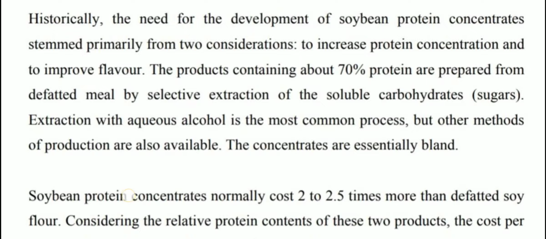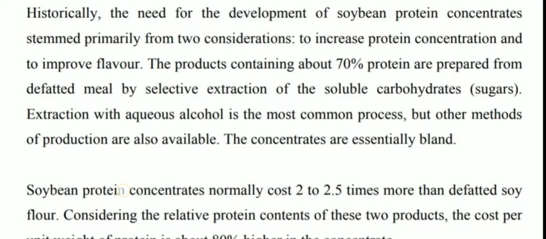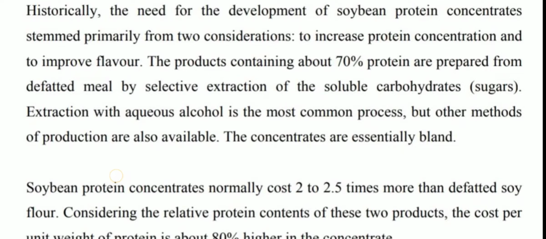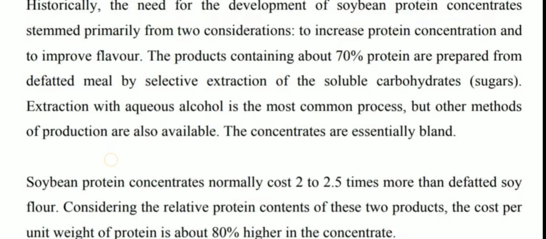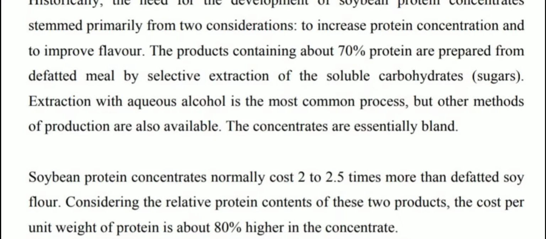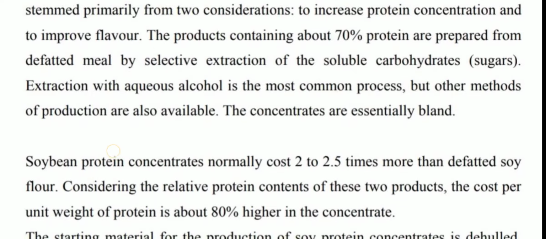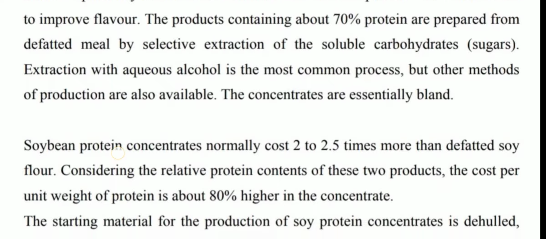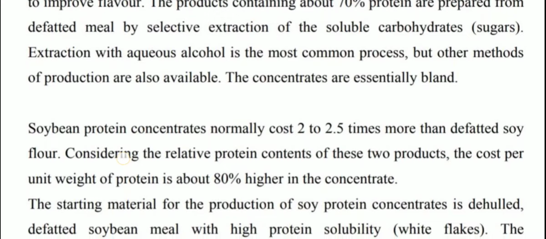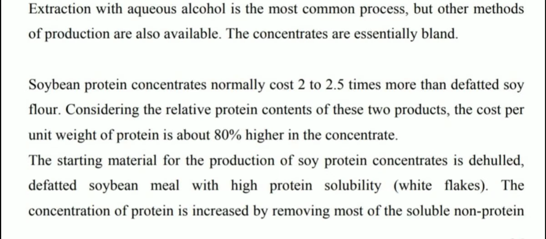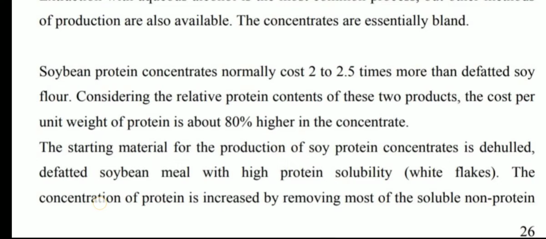The process is basically that these concentrates are prepared from defatted meal by selective extraction of soluble carbohydrates. Extraction with aqueous alcohol is the most common process, but other methods of production are also available.